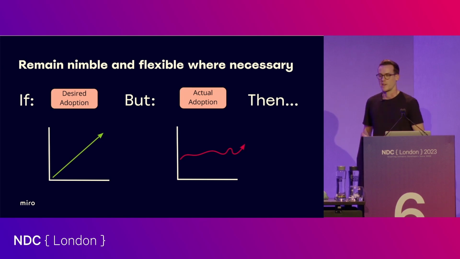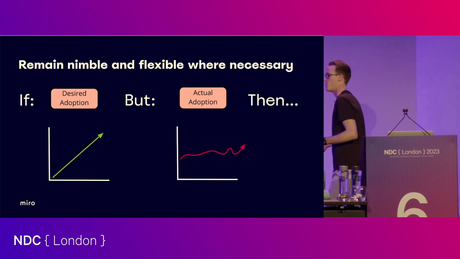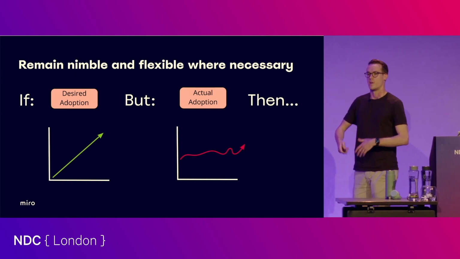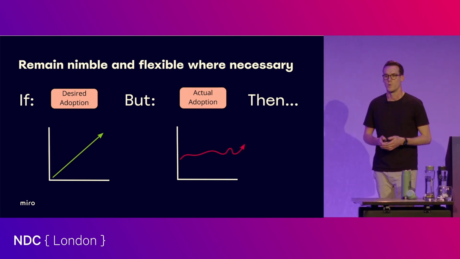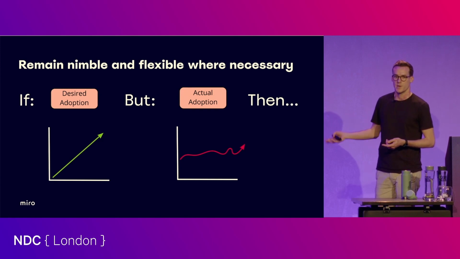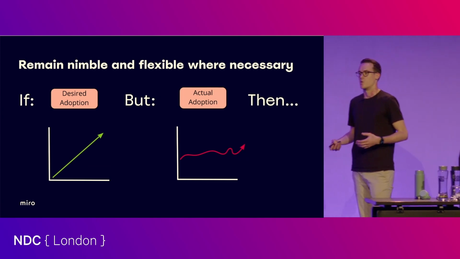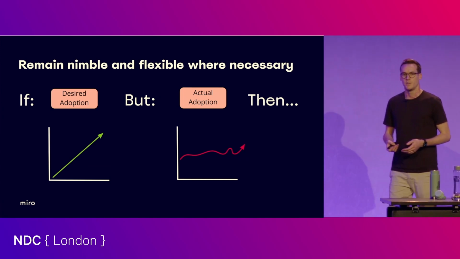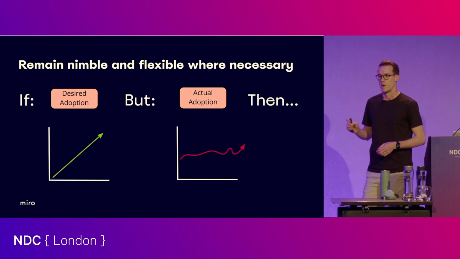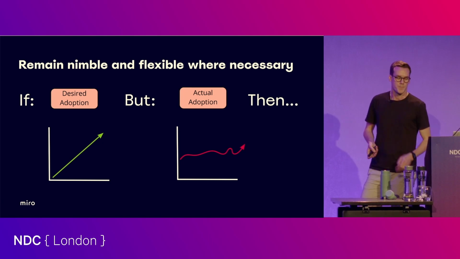You have to be looking at how services are performing. In our case, when we introduced a new suite of APIs to replace an existing one, we were looking at the generation of new client IDs for that new suite of APIs. We were looking at weekly API calls, making sure that our new platform was actually being adopted before we decided to push the big red button on our V1 platform.